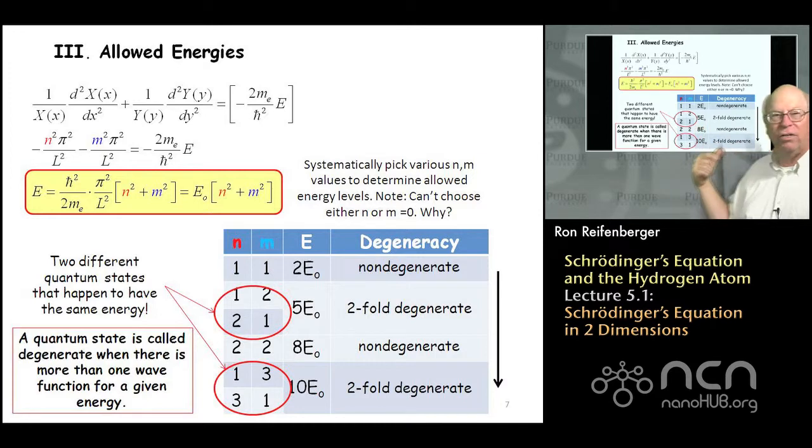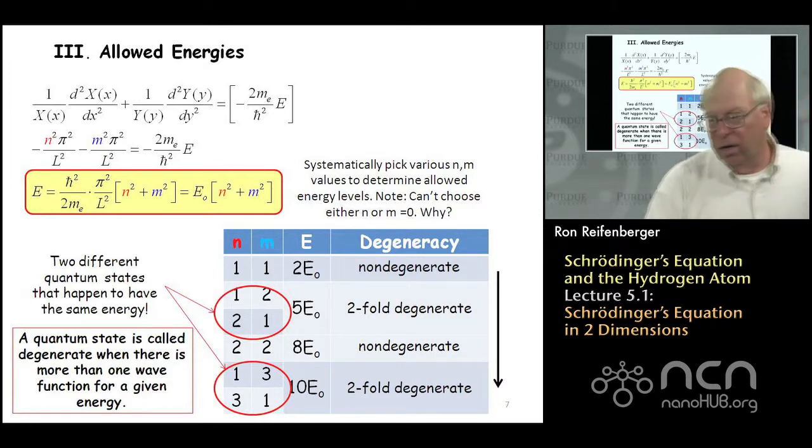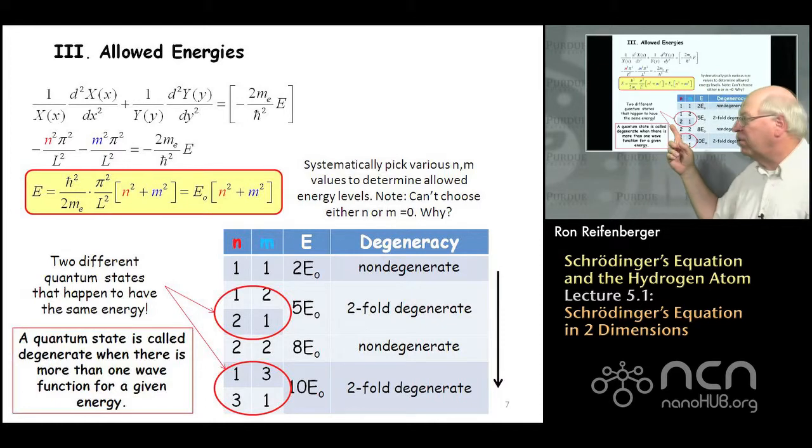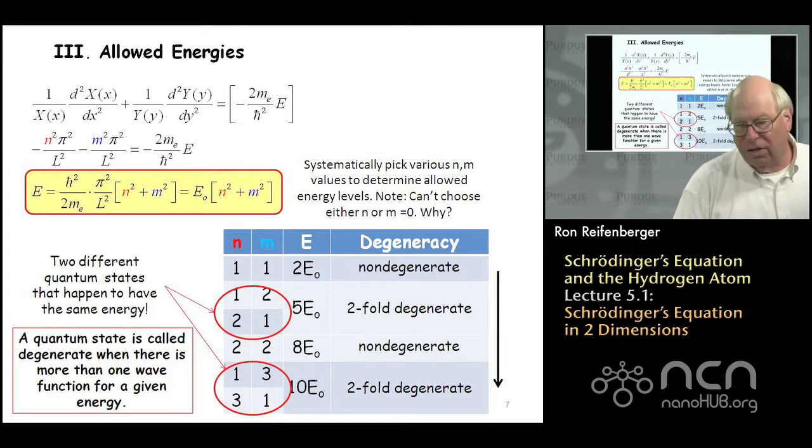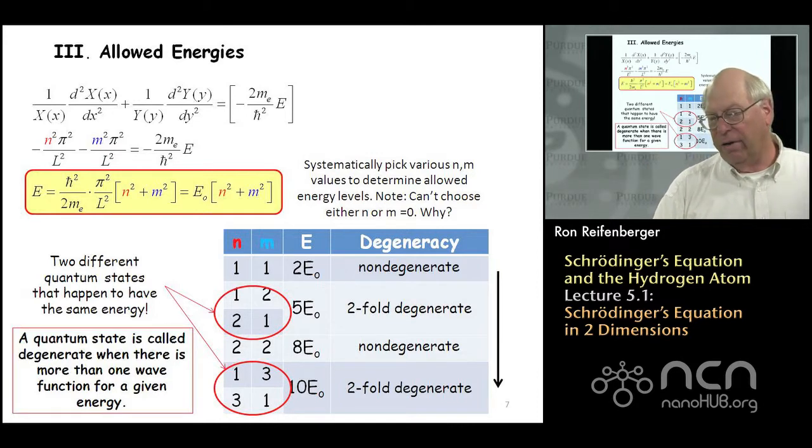And we run into this situation, which is the first time we've really seen it this semester, where we've got two different quantum states with different quantum numbers that give us the same energy eigenvalue. This simply means that this state at 5E0 is twofold degenerate, which means there are two separate quantum states that give you the same energy eigenvalue.